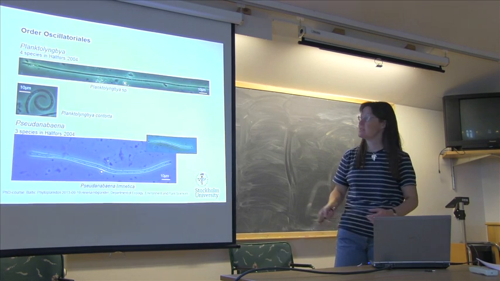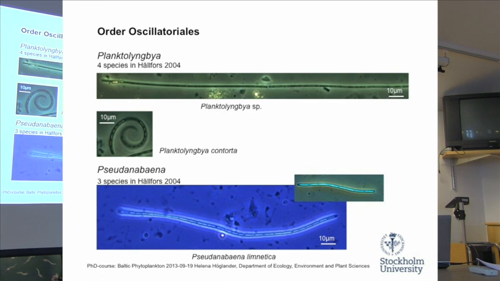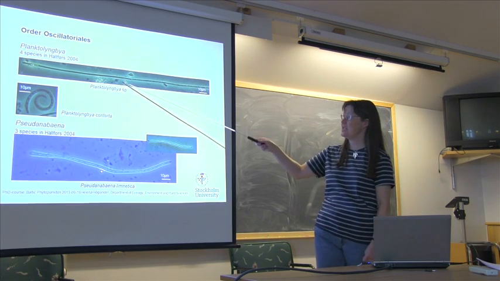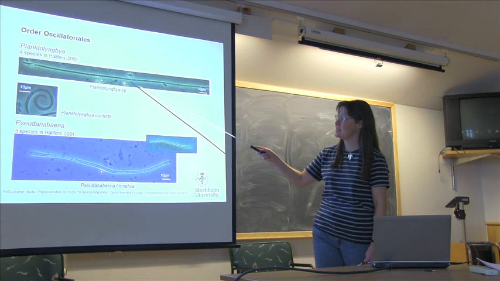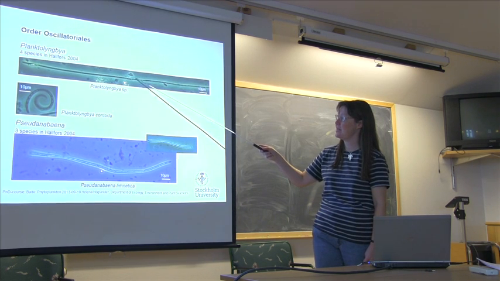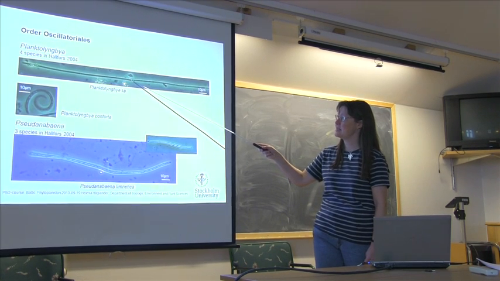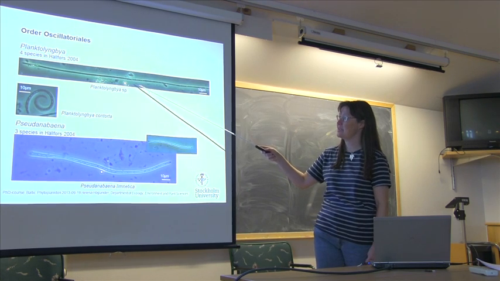And just to see what they look like, we have a couple of common genera here too. We have Planktolyngbya. Here it's a long thread in a gelatinous sheet. Here you see that the filament has divided, but there is still this sheet around it, so it's connecting the cells together.